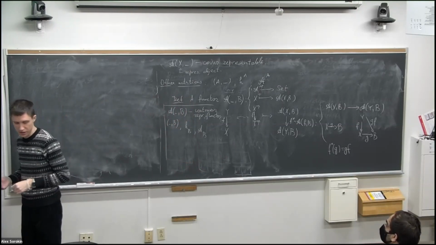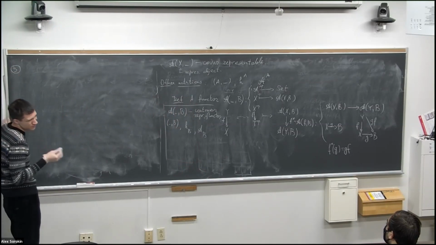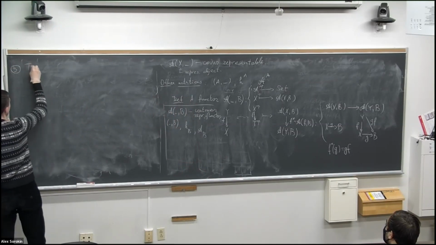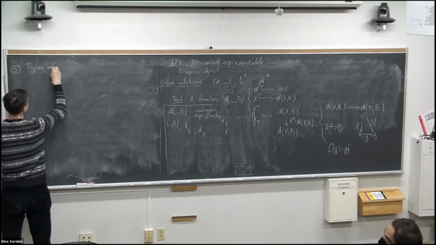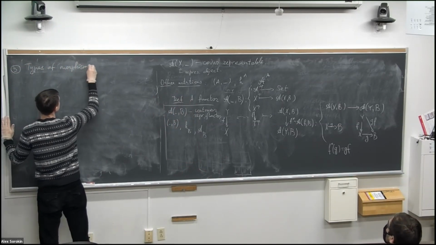Okay, now small part 3, it's just baby stuff, but I need to state it: types of morphisms and functors.